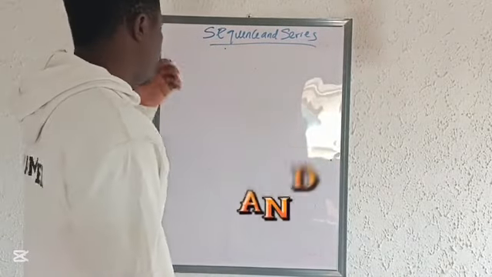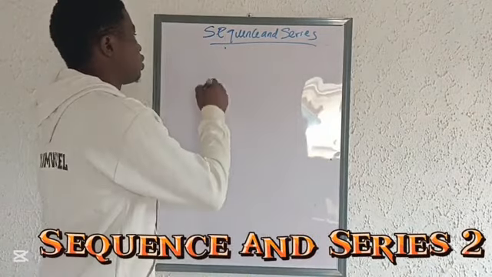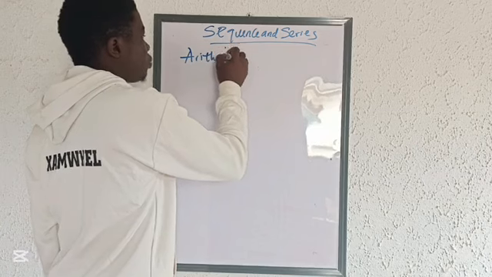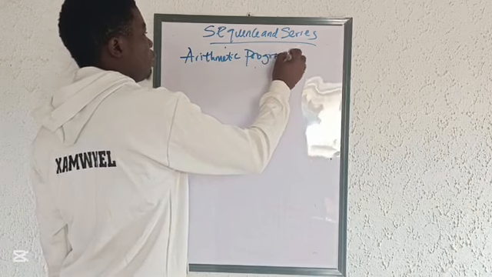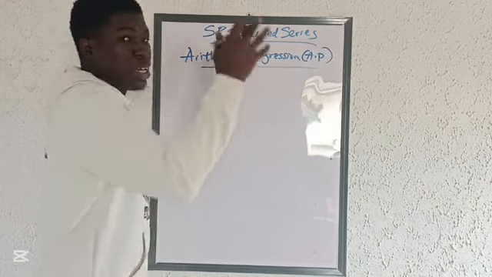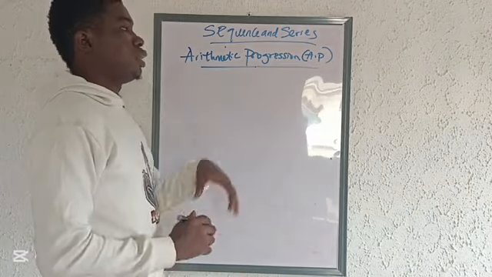We'll be continuing the second part of sequence and series, and we're still looking at arithmetic progression, that's also known as AP. And this time we'll be looking at the sum of an AP, and I told you that sums are series.